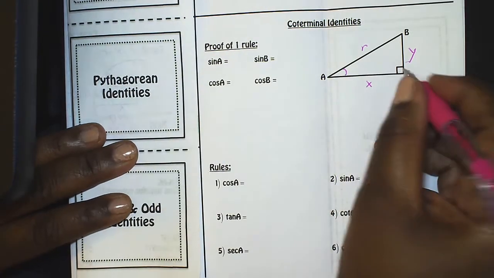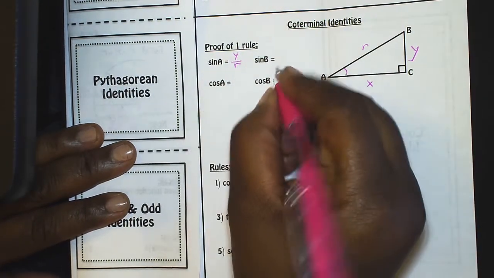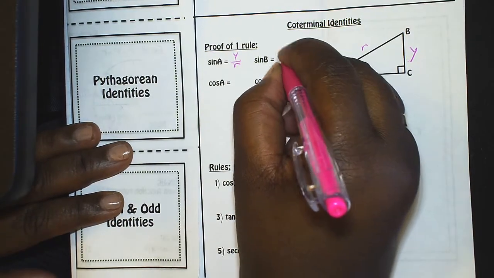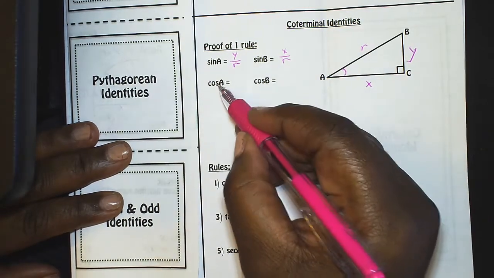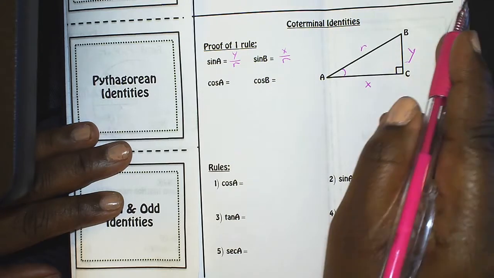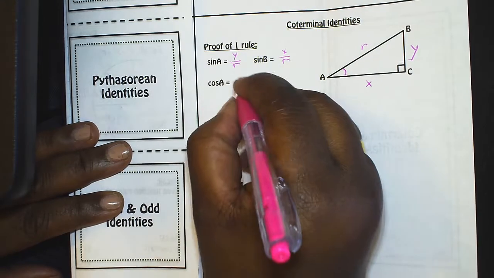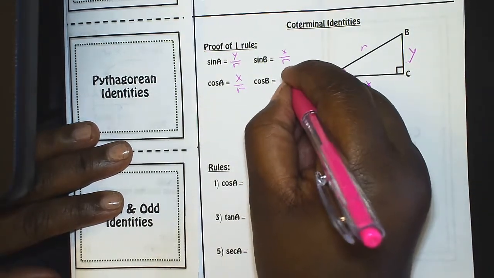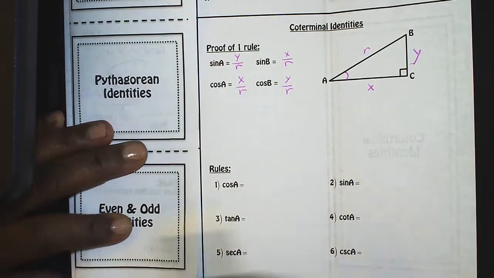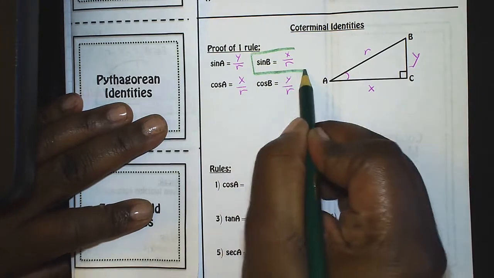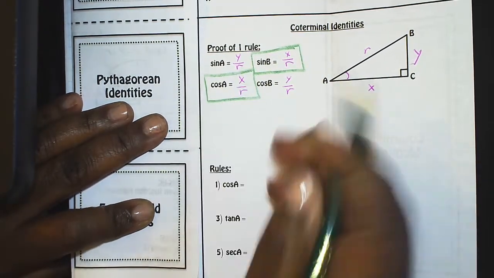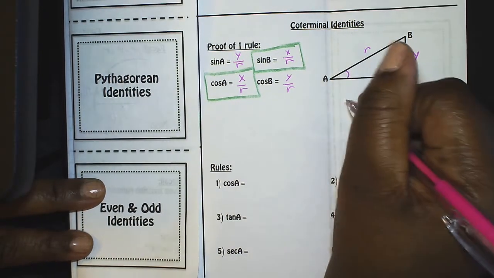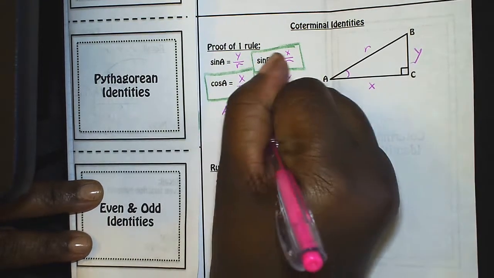Sine of A would be Y over R. Sine of B would be X over R. Cosine of A would be adjacent over R, which is X over R. Cosine of B is Y over R. Did you notice that the sine of B is the same as the cosine of A? That's interesting. So we also can know that A plus B will equal 90 degrees.